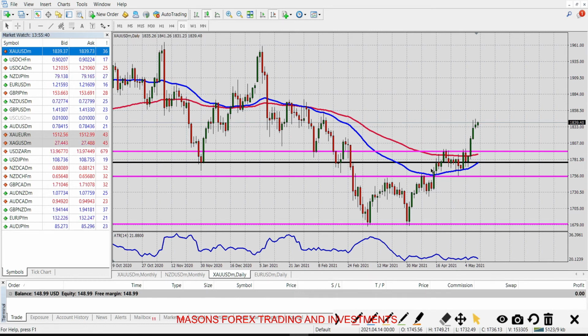So what we can look for is if we can come back into this area, somewhere around there, and then push back higher.